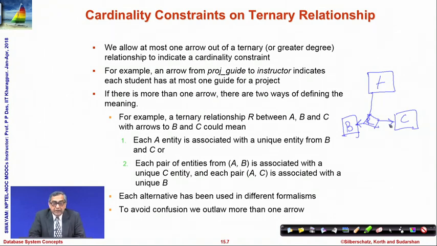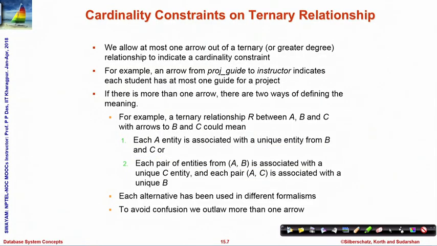Should we interpret that an entity of entity set A is associated with a unique entity from B and C together, or should we interpret that the entity formed by the pair A B and the entity formed by the pair A C are uniquely related?